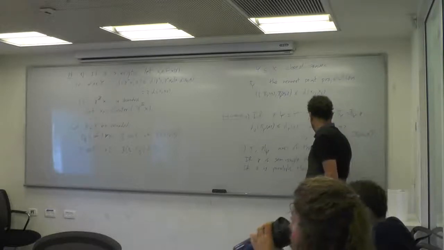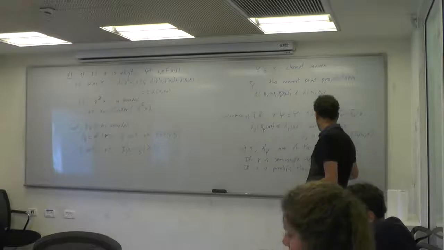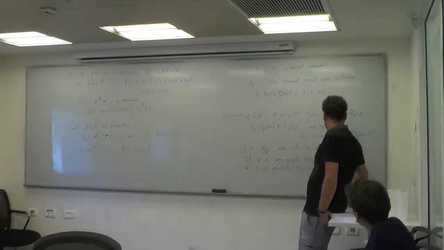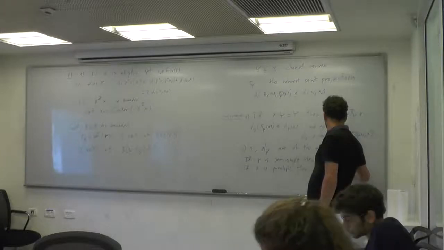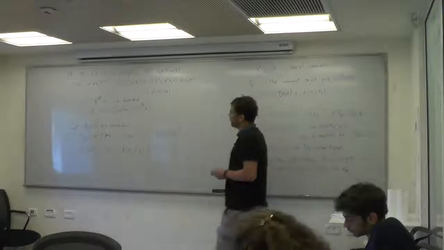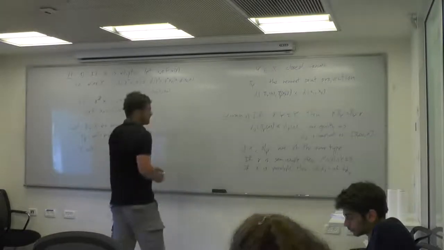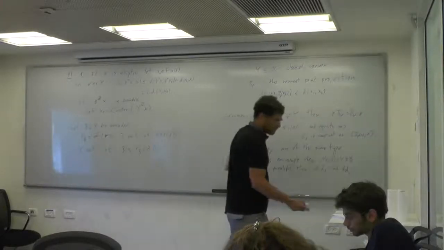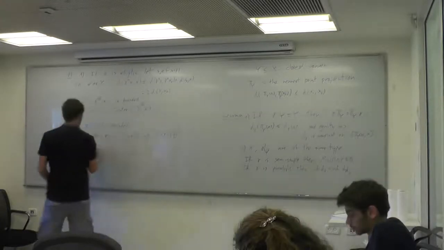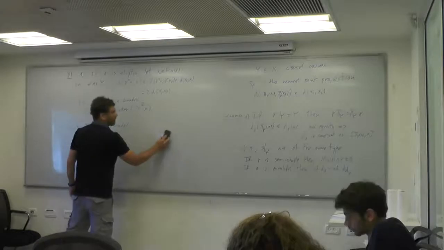Then d_gamma equals the infimum of d_gamma restricted to Y. Okay. So what do I need to prove? What is not obvious?